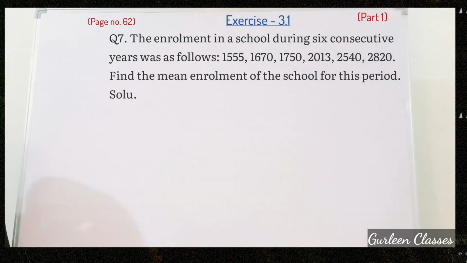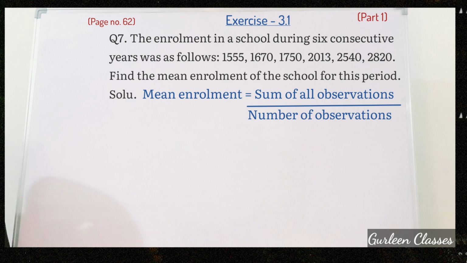Question number 7. The enrollment in a school during 6 consecutive years was as follows. So these are the enrollments in a school during 6 consecutive years. We have to find the mean enrollment of the school for this period. So here we will write mean enrollment is equal to sum of all observations upon number of observations.